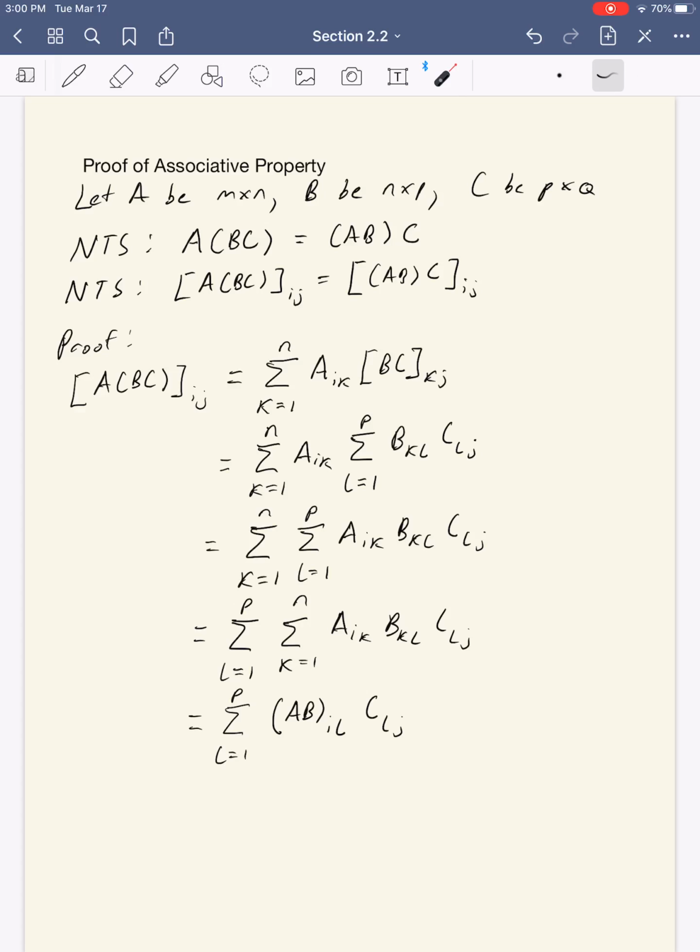So all we're doing here is saying that this entire expression is equivalent to that il element of AB.